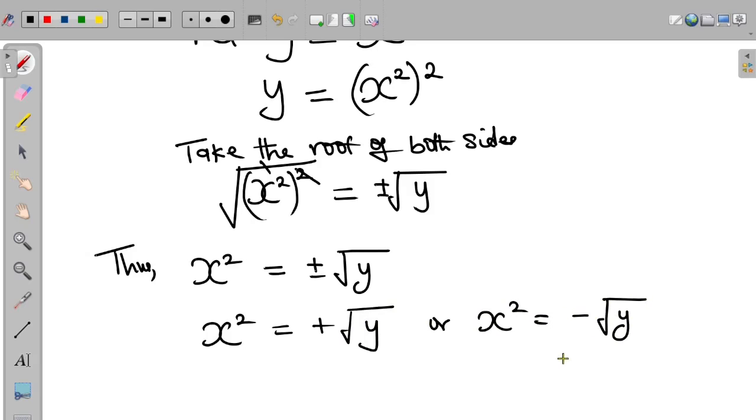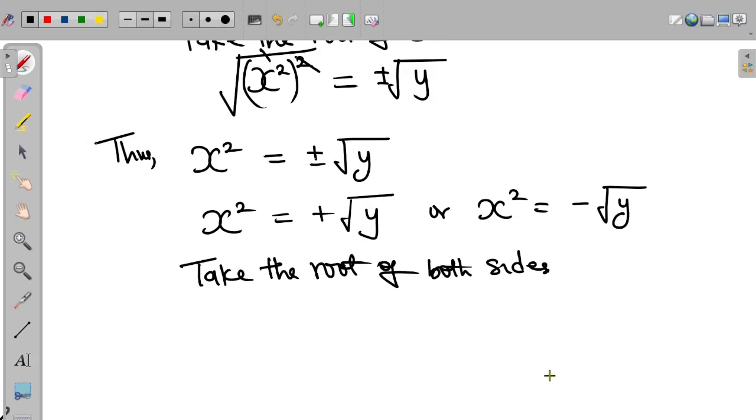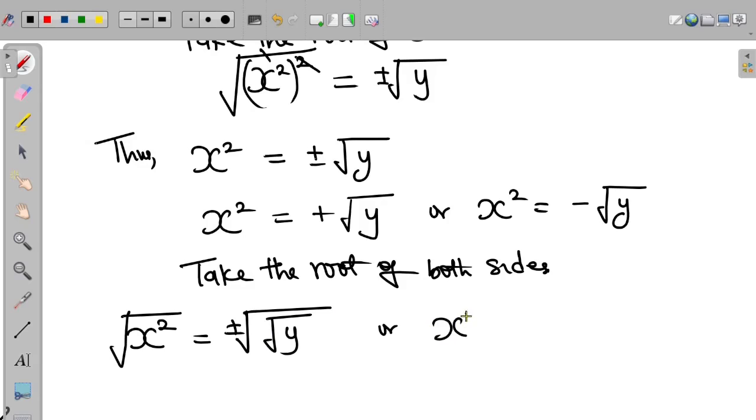Now, at this point, let us take the root of both sides again. So therefore, we have that x squared root is equal to root of y, plus or minus, or x squared root equal to plus or minus root of negative root of y.